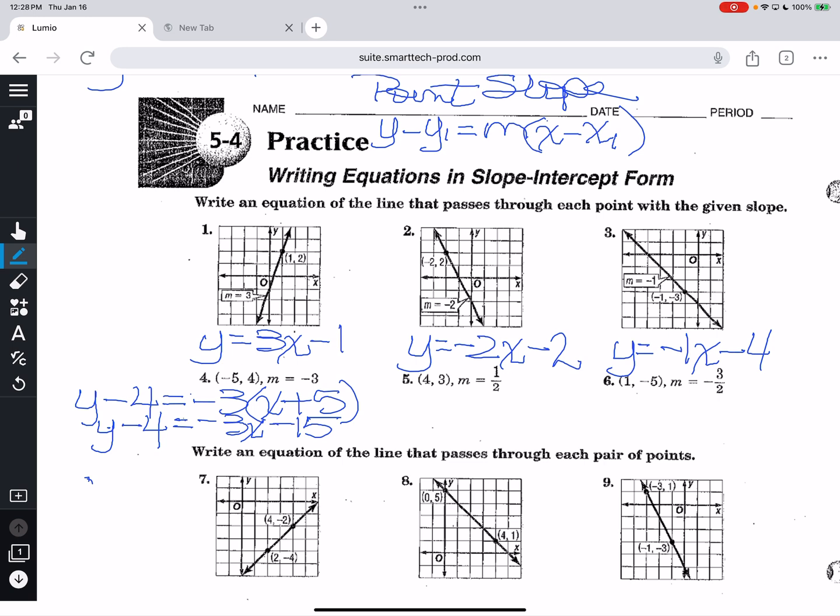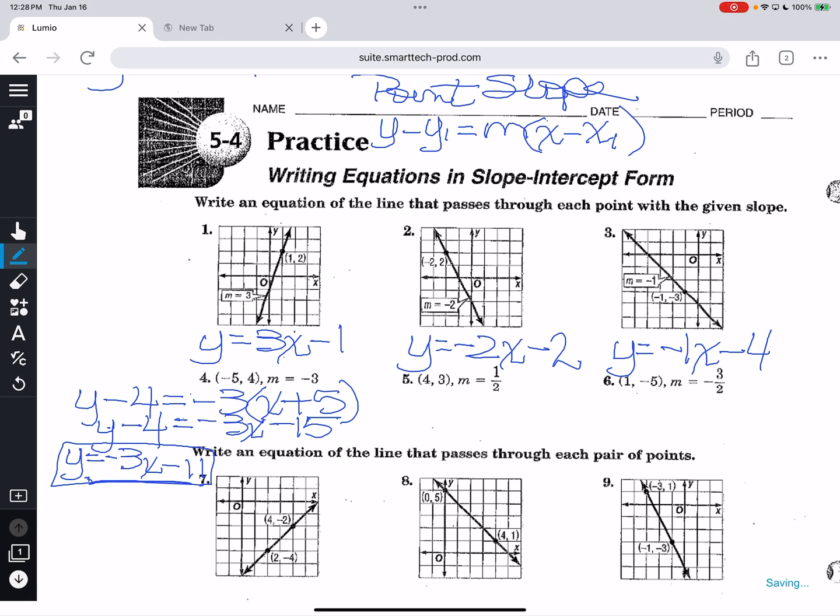All right, one step left. You move the negative 4 to the other side. How do we move it? Adding. Plus. So that means in the end, we're going to have y equals negative 3x minus 11. Perfect. That's your answer.